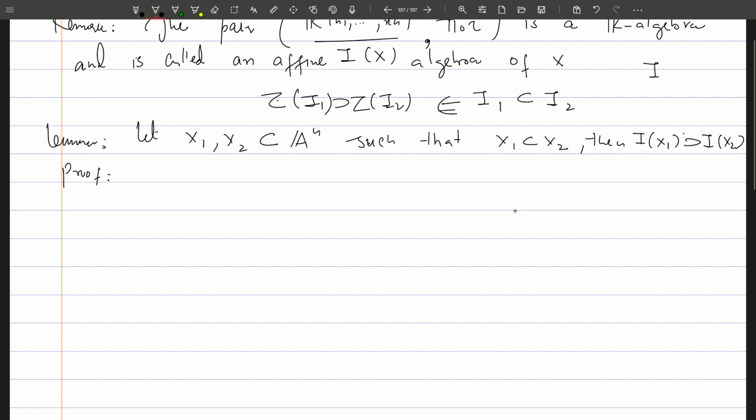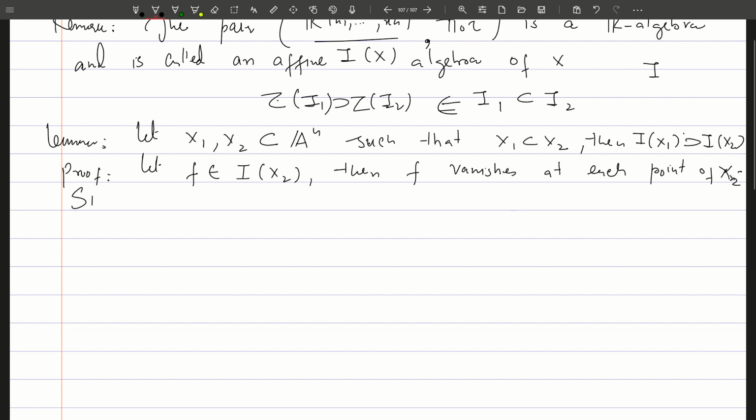So let us suppose there is some polynomial f in the ideal of X2. Then f vanishes at each point of X2, and since X2 contains X1, in particular f vanishes at each point of X1.